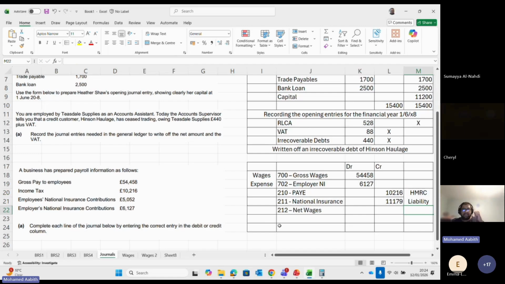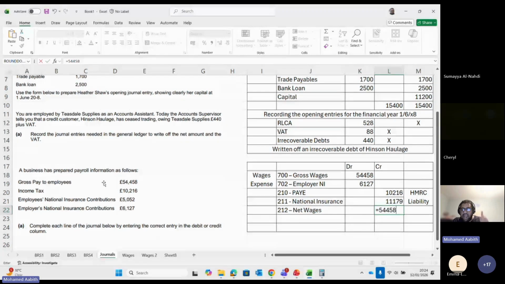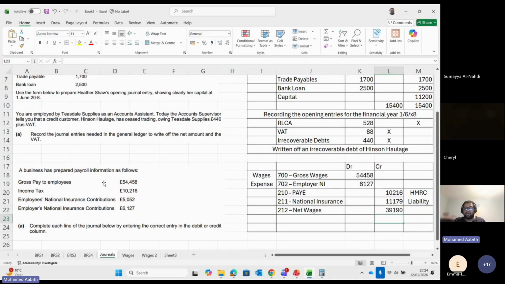And then, of course, the rest of them will be your net wages. How am I going to know what your net wages are? It is your gross wages of 54,458 minus any money you pay from your wages, which is your tax, and the national insurance of employees, 5,052. Can you see here? 39190. You don't take away 6127 because that is the employer side of it.